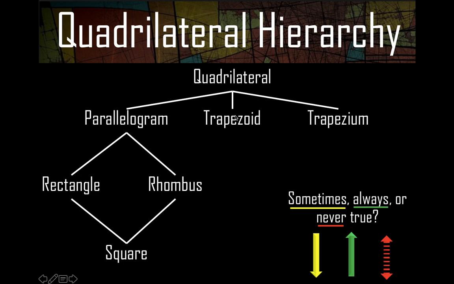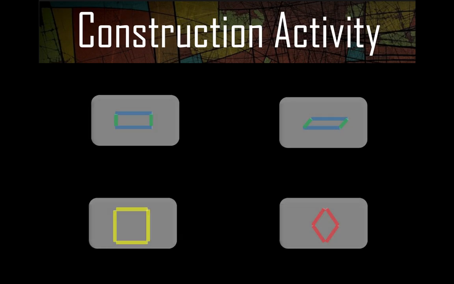So what's a trapezium? What's a trapezoid? What's a parallelogram? Figure out which one of those it is. Then go to rhombus, square, rectangle, figure out which one of those it is, if it's a parallelogram, and so on and so forth. So use this little chart to help you. You can always pause the video on this chart when you're doing your Google form worksheet if you need to use it for help.